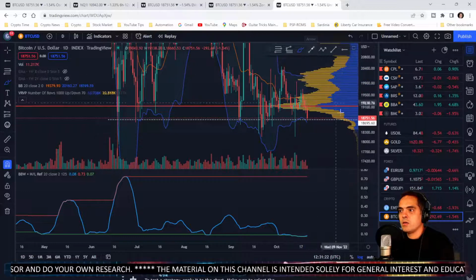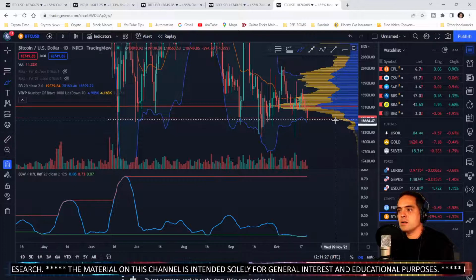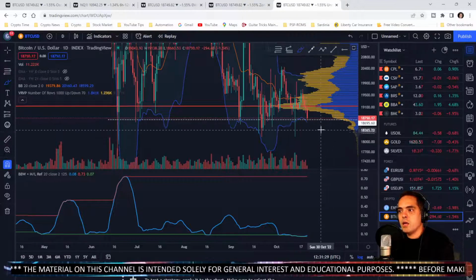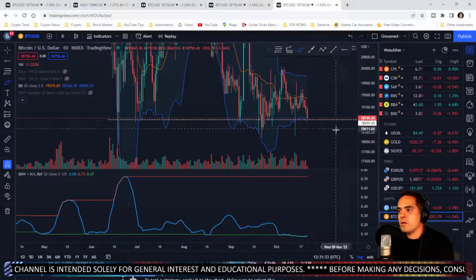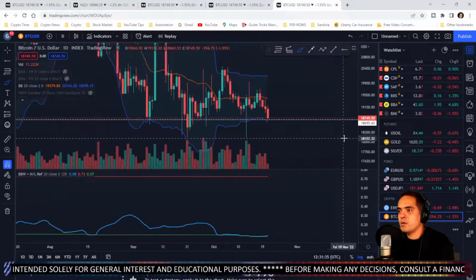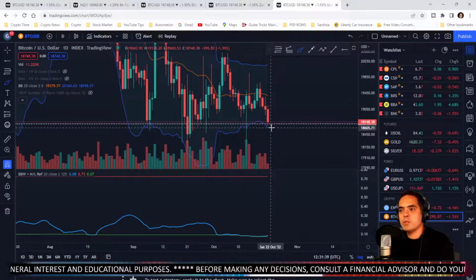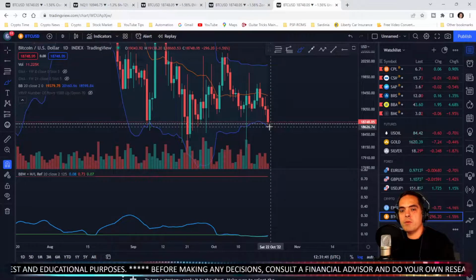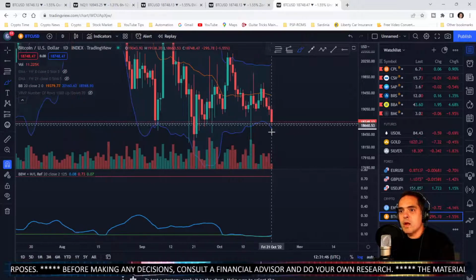So here is kind of the end of that support zone, right? And if I turn that back off, you see we are there. That basically matches a bit with the lower band of the Bollinger Bands indicator. So let's keep our eyes on that.